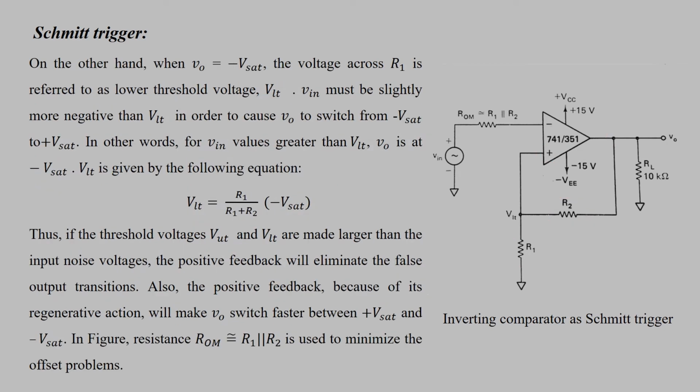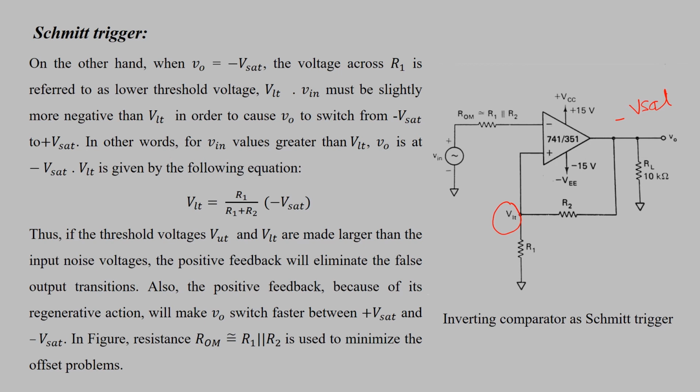On the other hand, when the output voltage is minus Vsat, the voltage across R1 is VLT. So Vin must be slightly less than VLT in order to switch V0 from minus Vsat to plus Vsat.